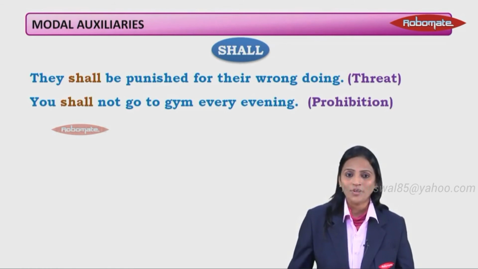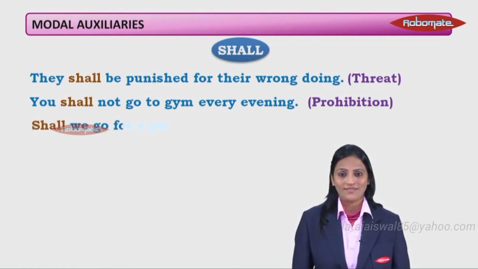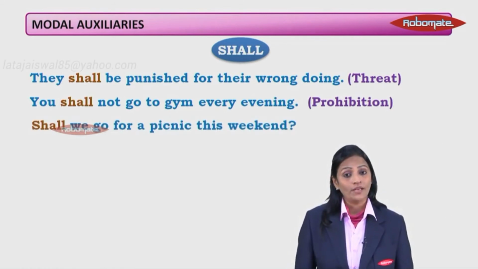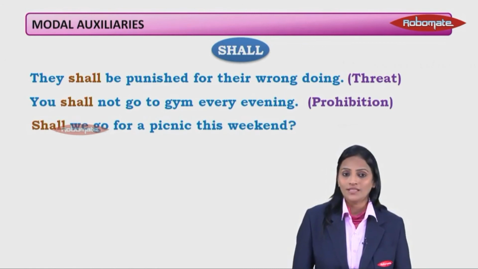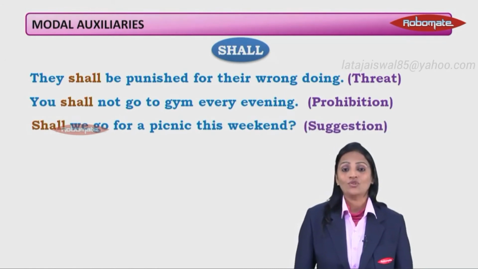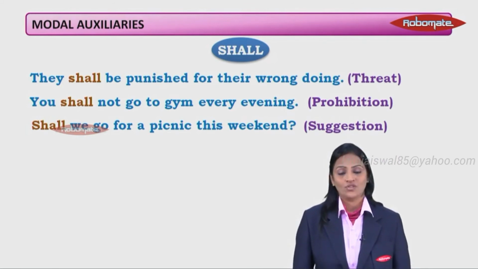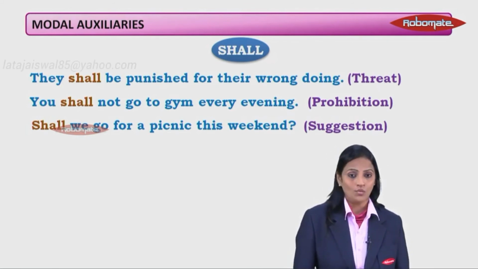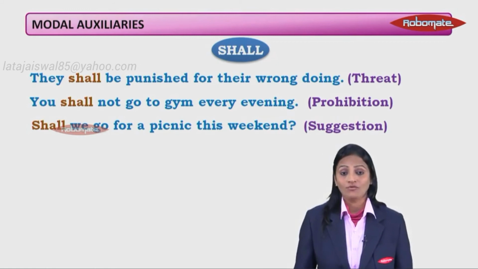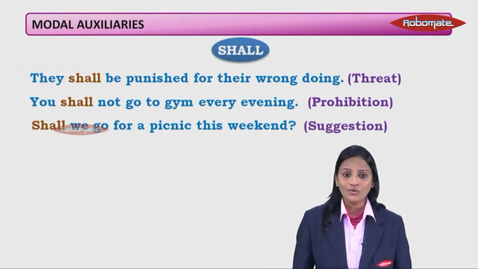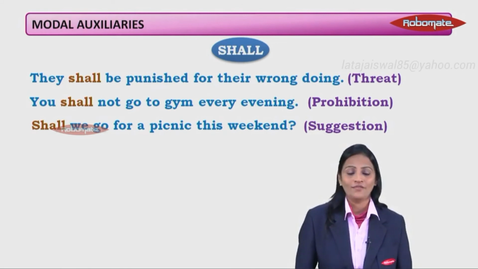Prohibition, stopping someone from doing something. Shall we go for a picnic this weekend? Now this is a suggestion. So shall, students, has 3 functions here: threat, prohibition, suggestion. Once again, 1 word, 1 auxiliary, 3 functions. So we need to know the different functions of each and every auxiliary.